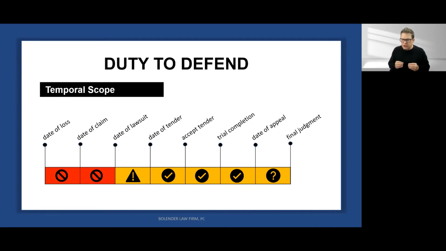Now, once the duty to defend attaches, once the obligation to defend has been activated, it endures until the end of the case or until the insurance company can conclusively demonstrate that all potential for coverage is removed from the case and there are no remaining causes of action or damages that could be covered. A very high threshold.